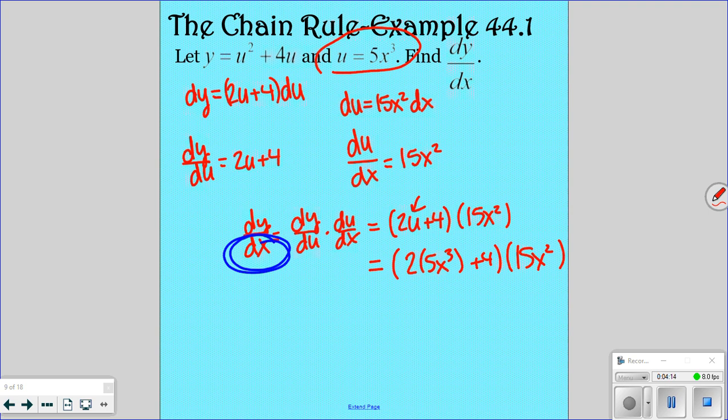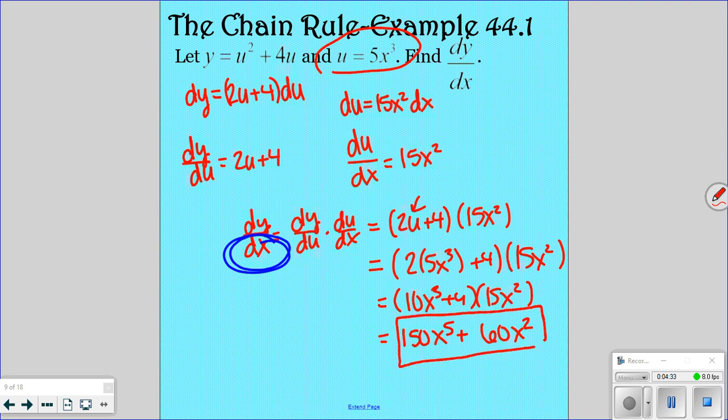So if we distribute, we'll have 10x cubed plus 4, and then we distribute again, and we will get 150x to the 5th plus 60x squared. And so that's your answer for that one.